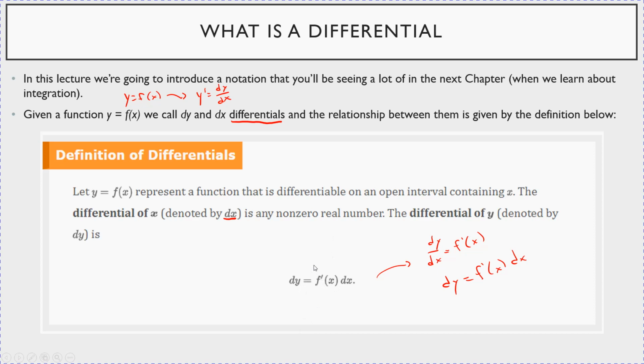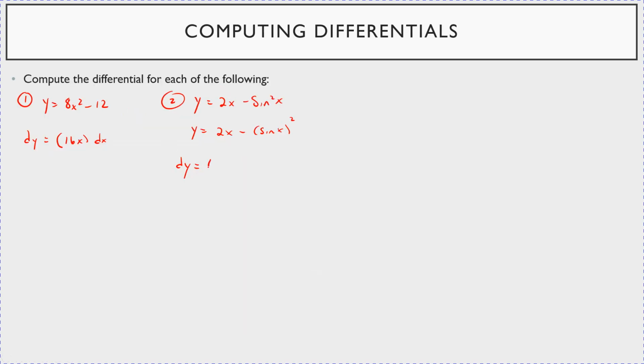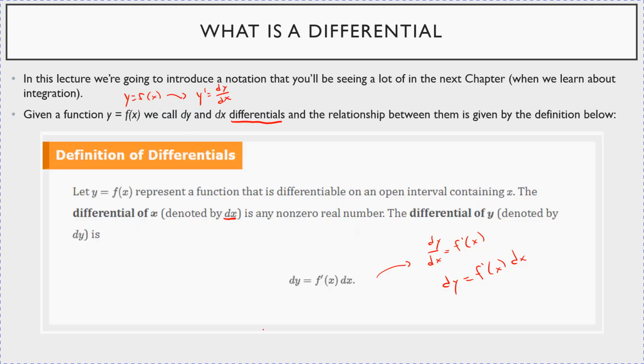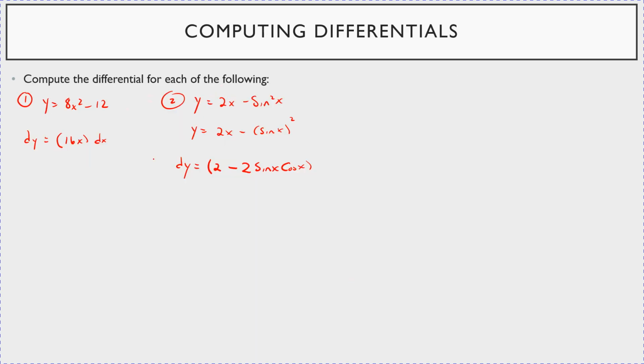Find the derivative. The derivative of 2x is 2, minus, and we have to use the chain rule. Bring the 2 down times sine of x to the first power. Then the derivative of sine is cosine of x, and then dx. We got it.